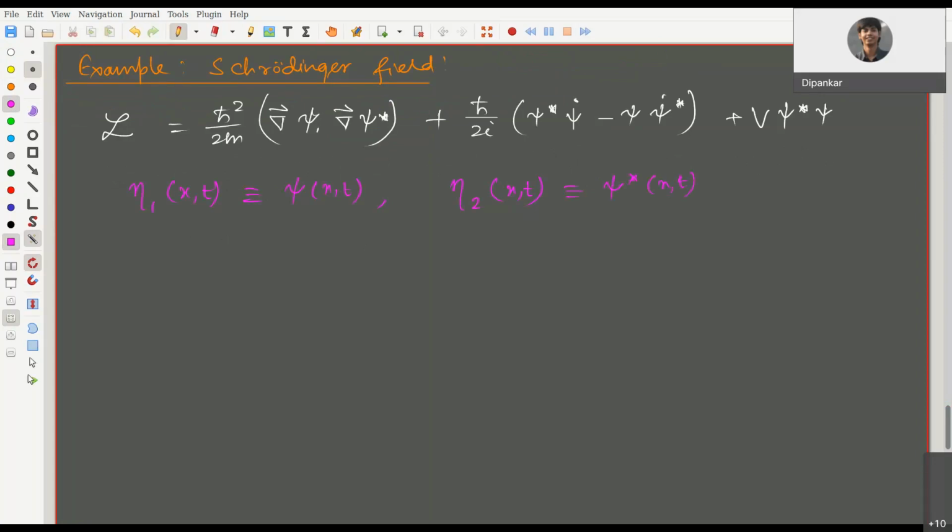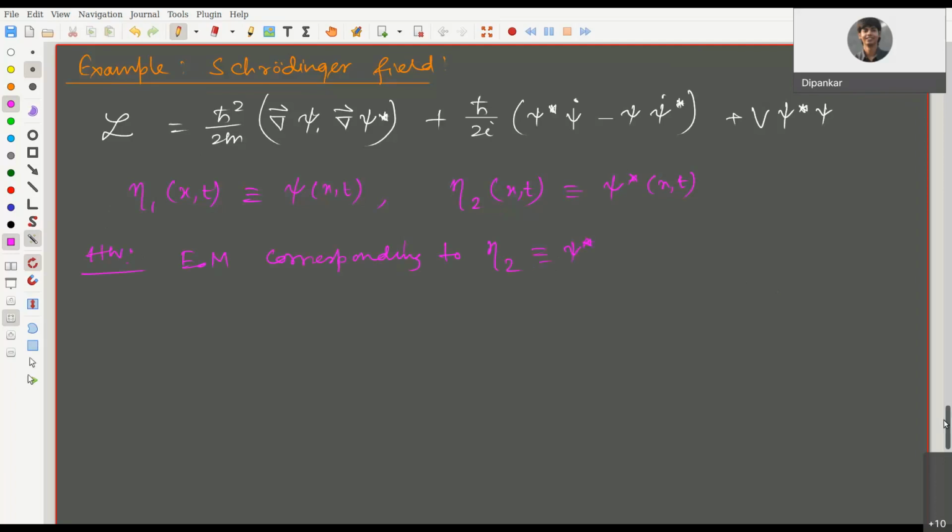Now you can check, and I will leave it as homework to check for yourself, the equation of motion corresponding to eta 2, that is psi star.